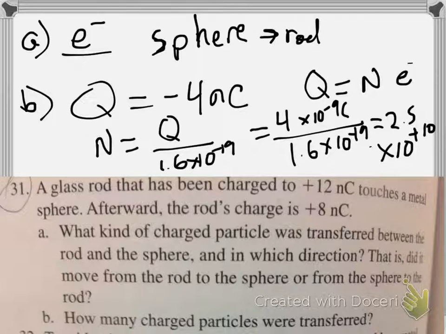I mean, to the positive 9? Because 4 divided by 1.6 is, what, 1 over 0.4. So the 0.4, oh, okay, sorry. I didn't count for the 0.4. Okay, yeah, so 10. Okay.